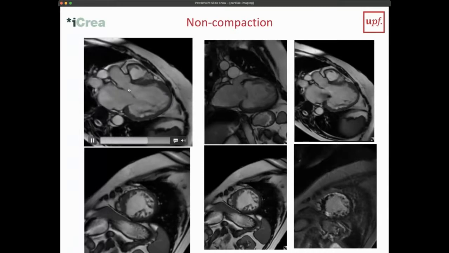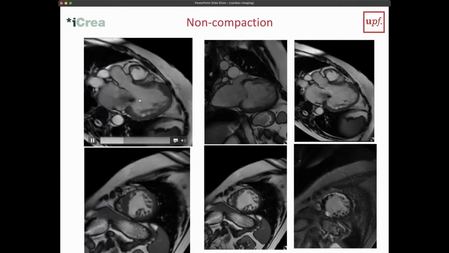You see this valve stays like a tent, as we say, and there's a big leakage. So a lot of blood, while it contracts, should actually only go into the aorta. You now see quite some blood going back from the ventricle into the atrium because of this leaking valve.